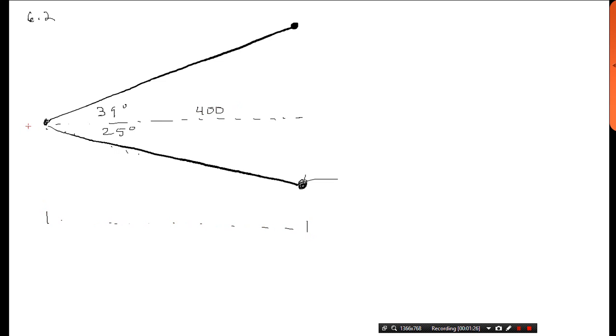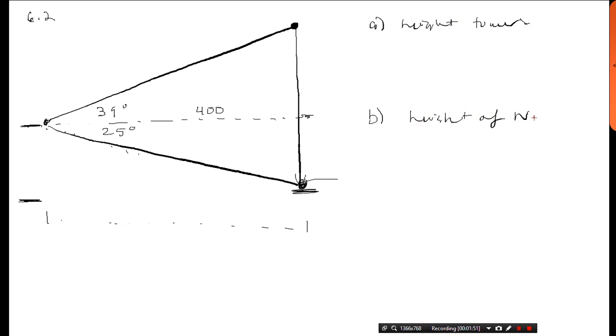And note, since the window is right here from the ground, from here to here should also be the same as the window. The reason why we're drawing these connections is that part A says height of tower, and B says height of window.